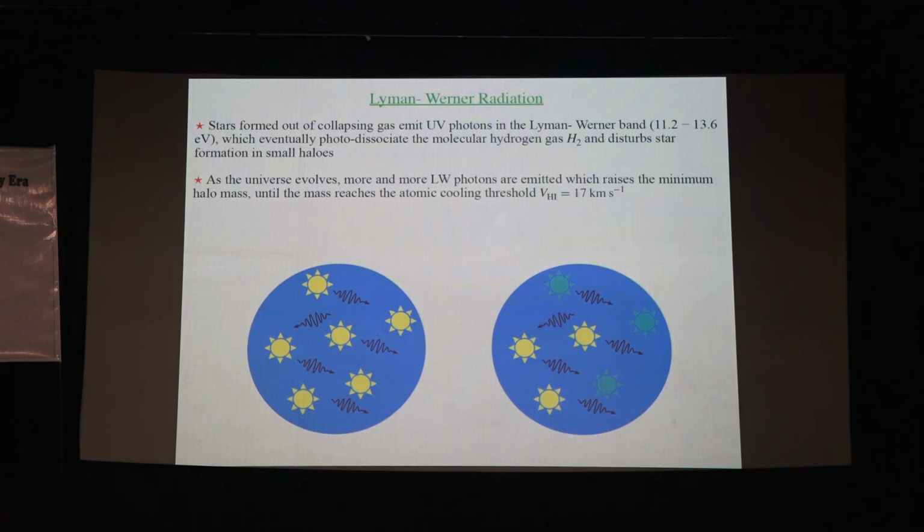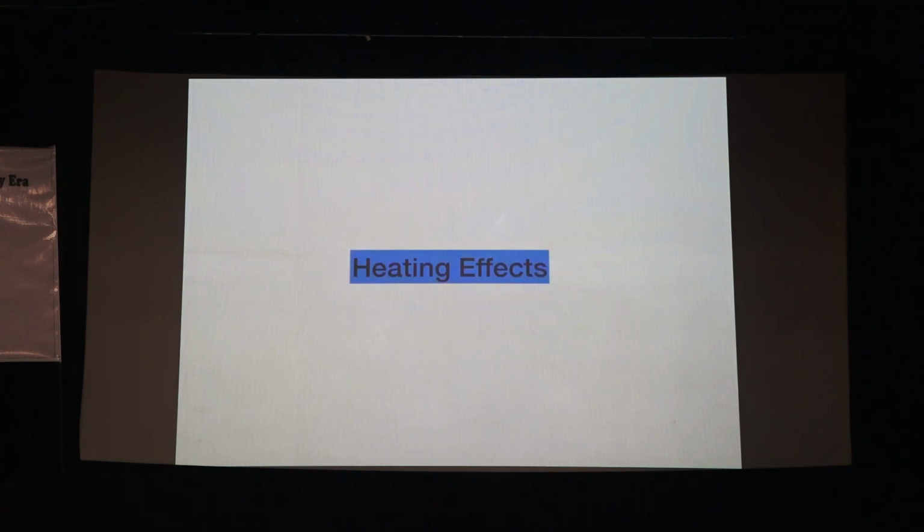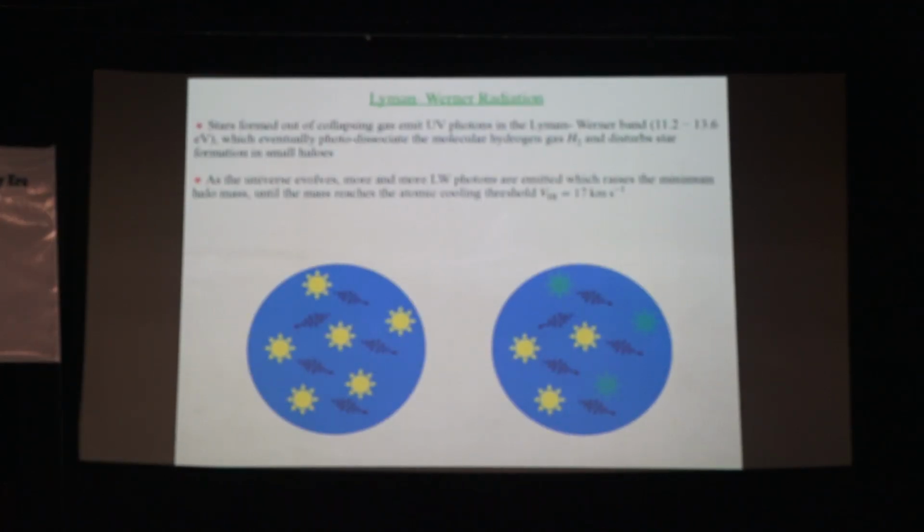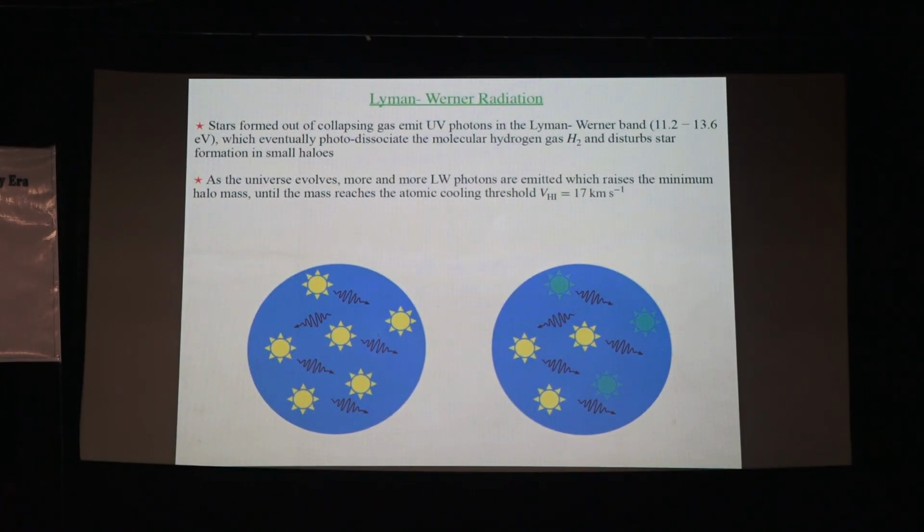As the universe evolves, more and more Lyman-Werner photons are emitted, and this raises the minimum halo mass until the mass reaches the atomic cooling threshold. This again disturbs the star formation in the small halos, and it delays the cosmic dawn and the subsequent epochs, as we'll see. These are the two main delaying effects that I am going to show.